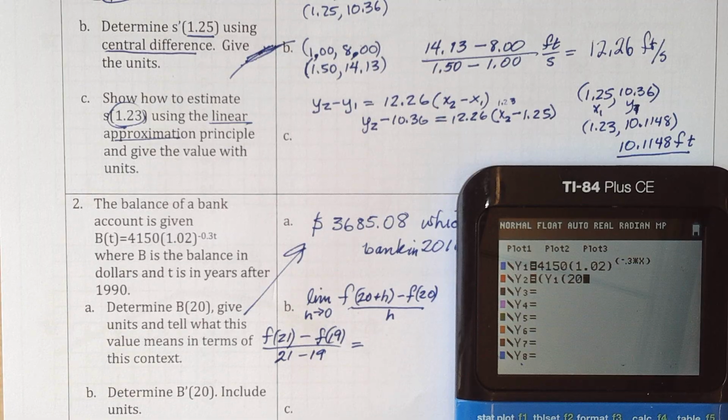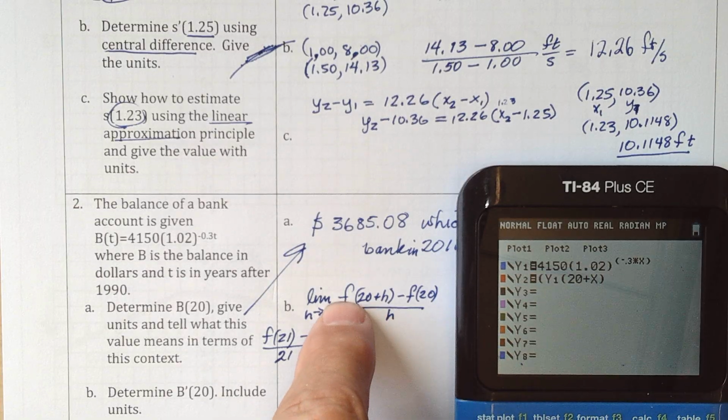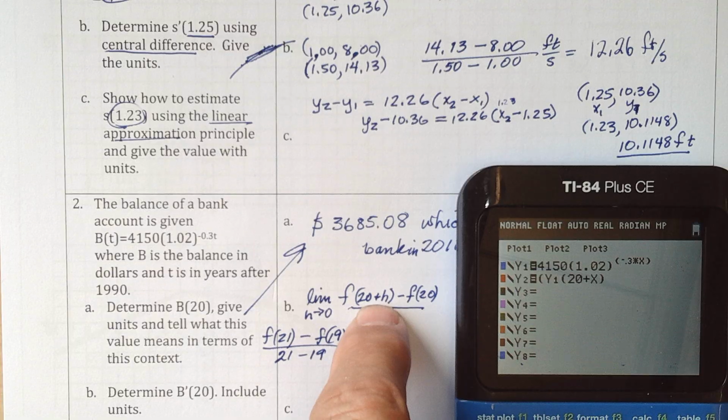This is the numerator: y1 at 20 plus, and I could use h. On Desmos you can use h. On the calculator you can use h, but I can also use, in place of h, an x. So I'm going to do an x. Close parenthesis. That's f, y1, of the 20 plus h.